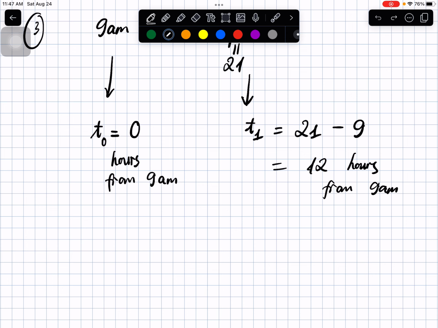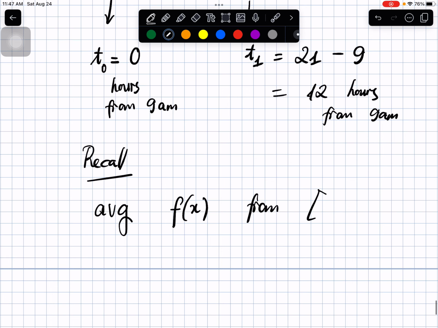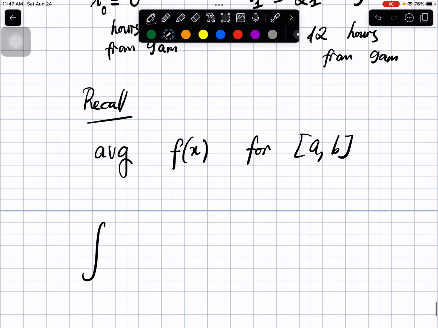Okay, recall one more time that the average value of a function, say f of x, for an interval from a to b, is 1 over b minus a times the integral from a to b of f of x dx.